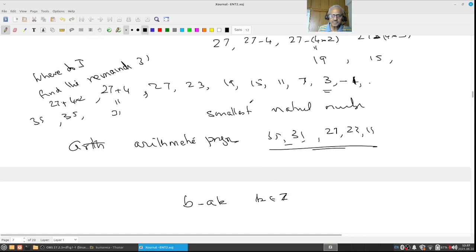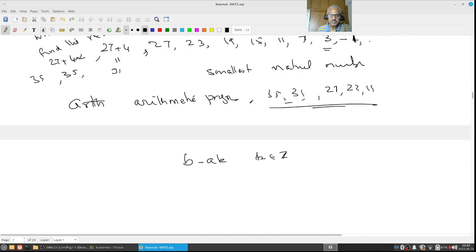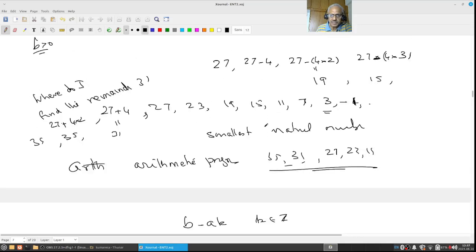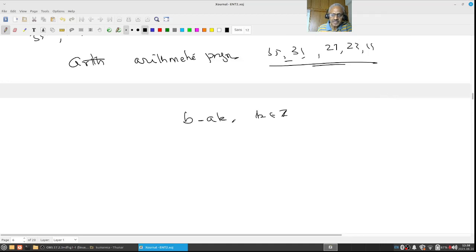If k is 1, then I get b minus a, then b minus 2a, b minus 3a, and so on, therefore b minus ak. This is the set. In this set, my r turns out to be the smallest non-negative number.